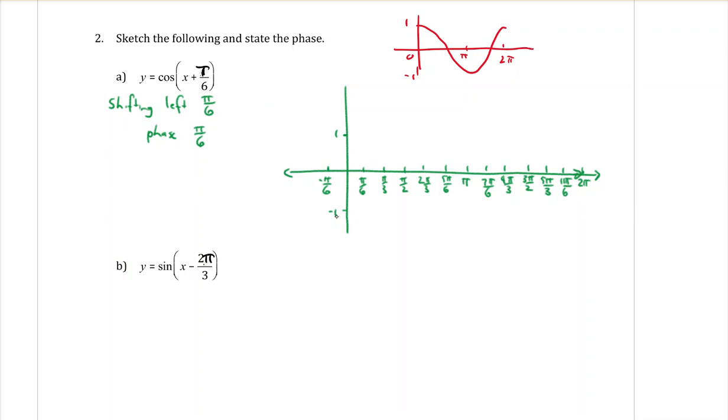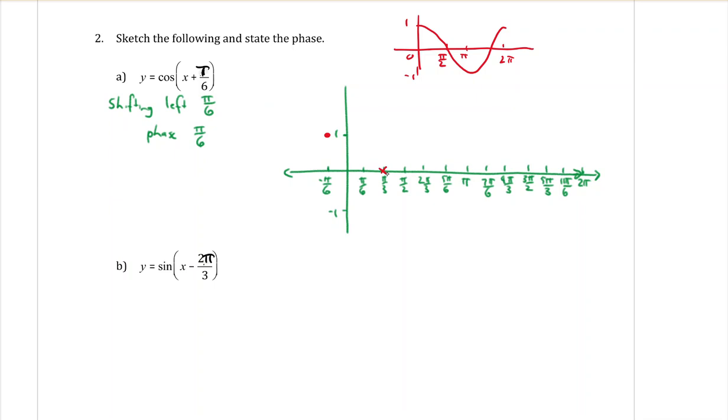My next point is on my little red graph at the top here. At pi over 2, that's where it goes through 0. Pi over 2 is here, and I need to move it pi over 6, so one spot to the left. Do you see what I'm doing? Just moving everything one spot over to the left. So that's pi over 3.